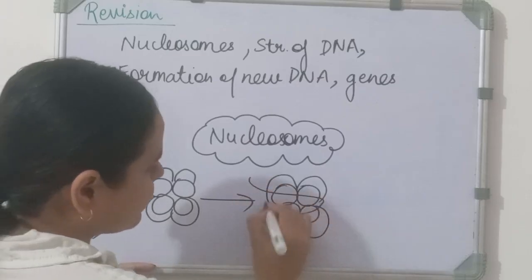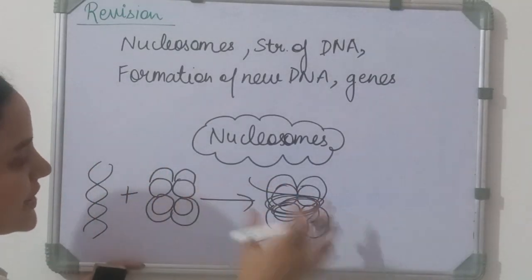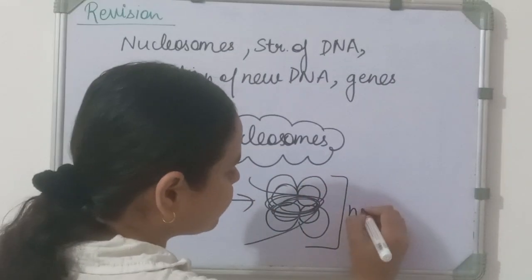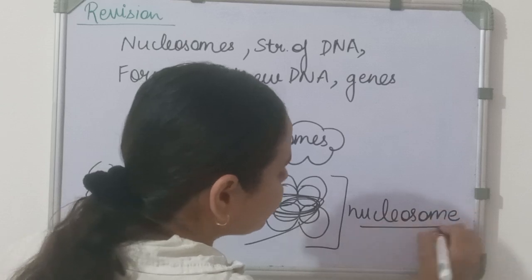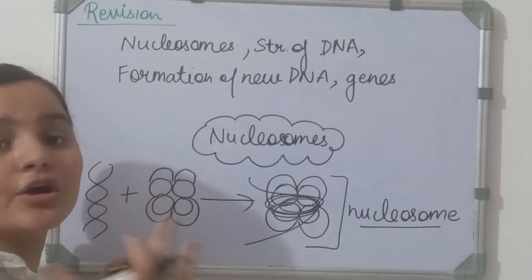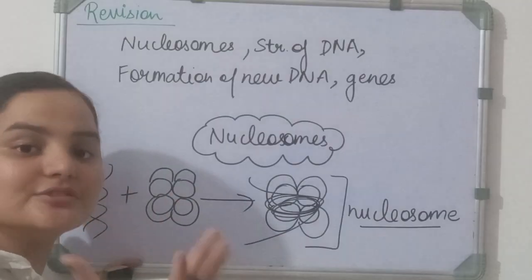Then the structure which is formed as a result is called nucleosome. So what is a nucleosome? The DNA wrapped around a core of 8 histone molecules is known as nucleosome.